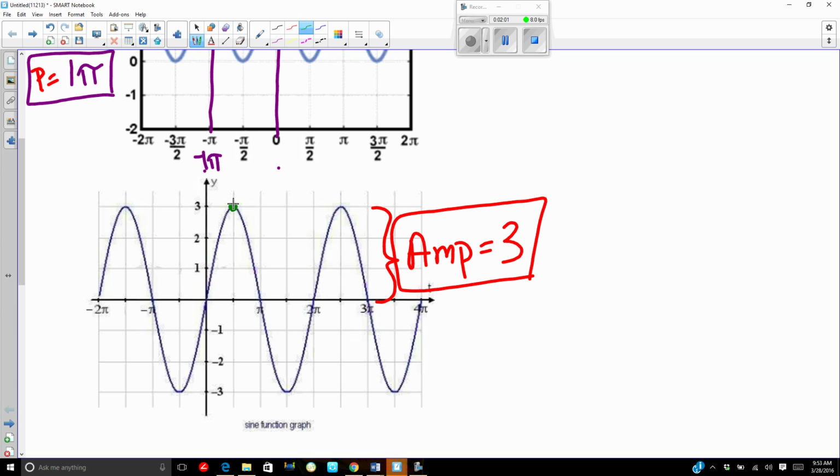And the period, again, just find where it starts to repeat itself. You can find that in a lot of different places. So the period is the distance from that point to that point. And if you notice, it's empty right here. They've gone from 0 to 1 pi. So if they've skipped 1, that means they've skipped 1/2. So each little square, they're counting by halves here on the x-axis.